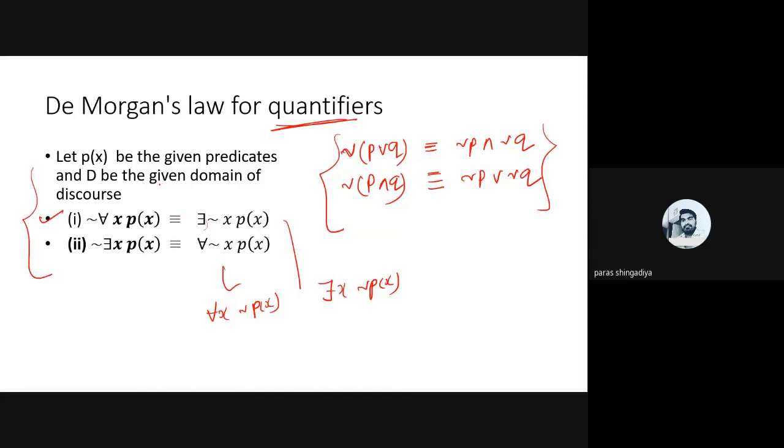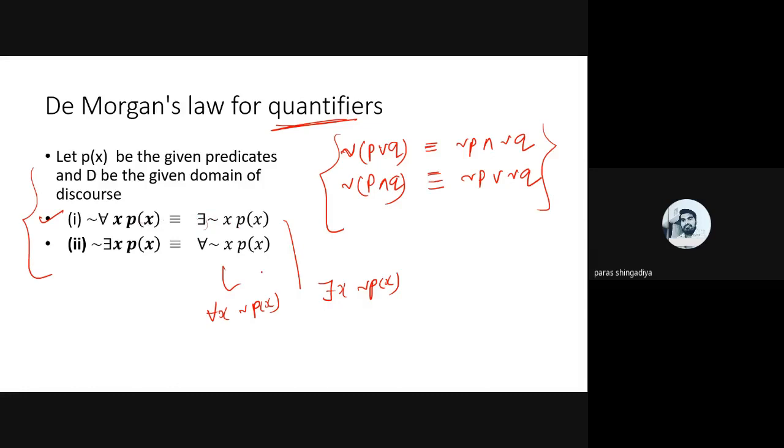And we can also prove it by using the rules of predicates, every x P(x) and there exists x P(x). Based on that we can prove it also. So why are these both equivalent? The negation of every x P(x) is logically equivalent to there exists x negation P(x).